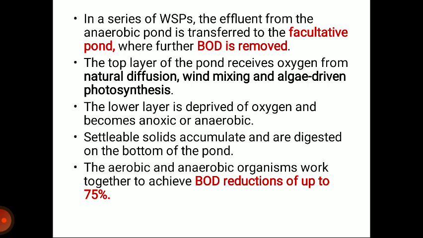In a series of WSPs, the effluent from the anaerobic pond is transferred to the facultative pond, where further BOD is removed. The top layer of the pond receives oxygen from natural diffusion, wind mixing, and algae-driven photosynthesis.